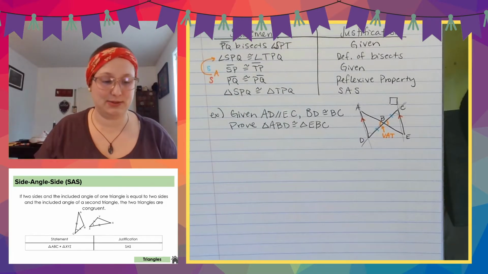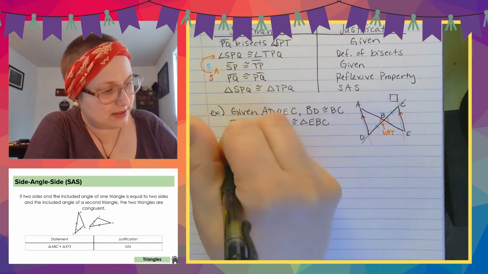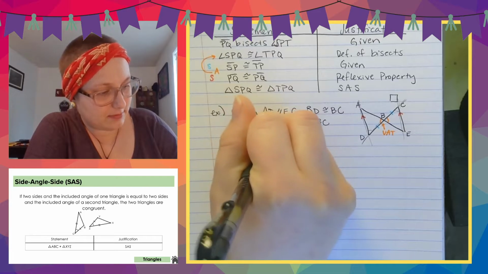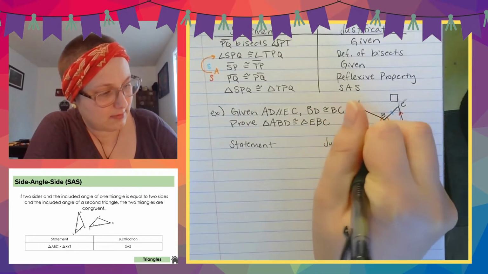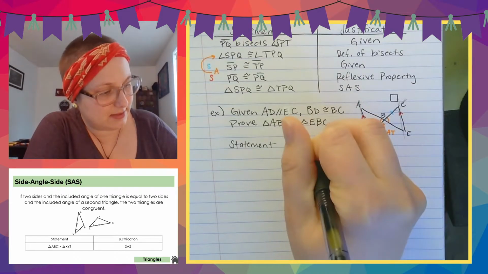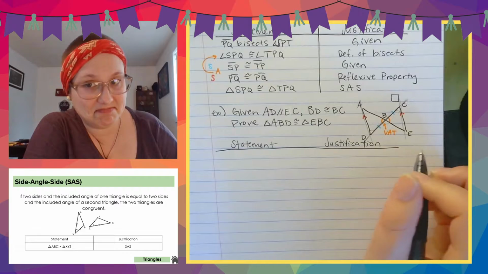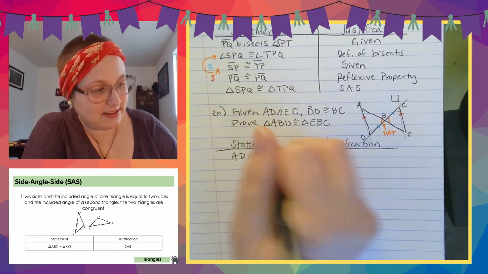So let's write it out. So here's my statement. Do I have justification there? Okay, so AD is parallel to EC. That was given.